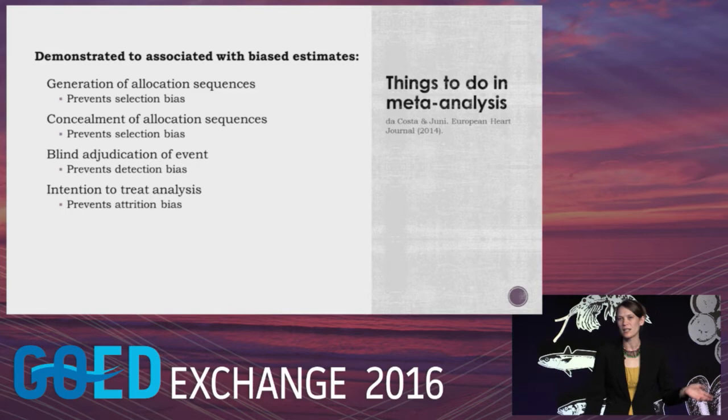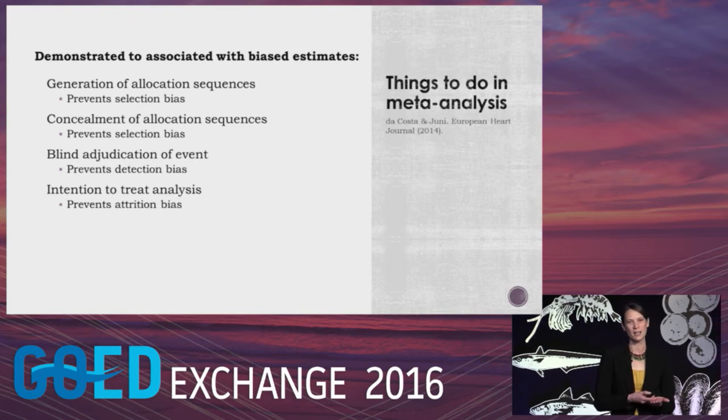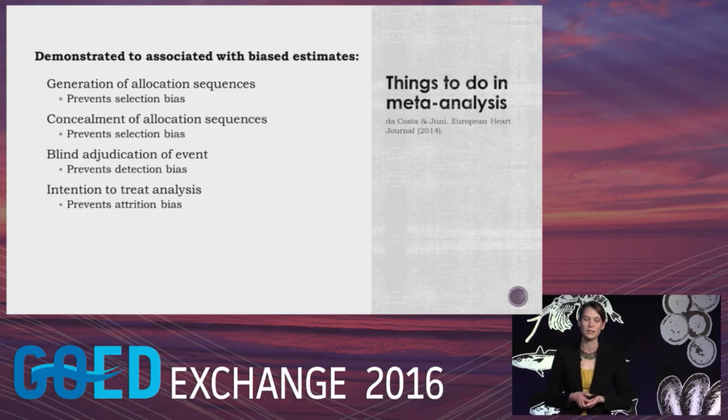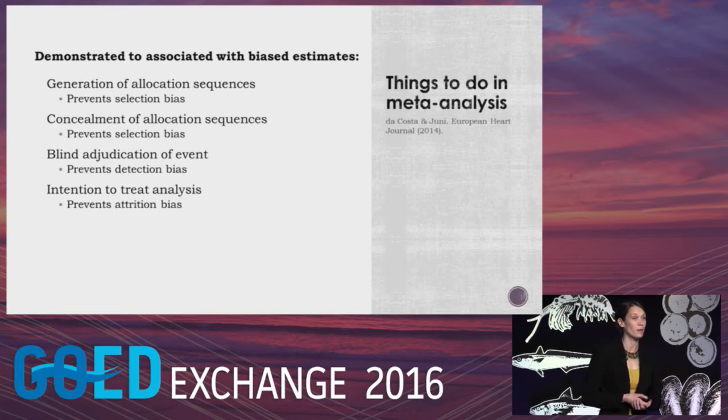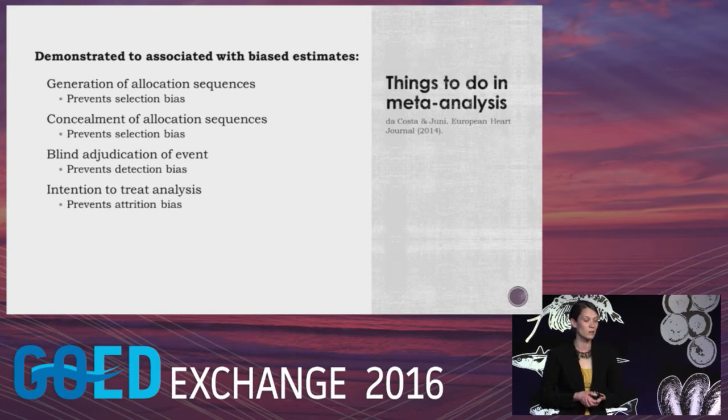In things like mortality, blinding probably doesn't matter. They're either dead or alive. But if you've got a radiologist that is looking at images, you want to make sure that radiologist doesn't know who got what treatment. And intent-to-treat analysis. This is analysis that takes into account that some people drop out of studies, okay? And you want to make sure that that's not causing bias in your results.